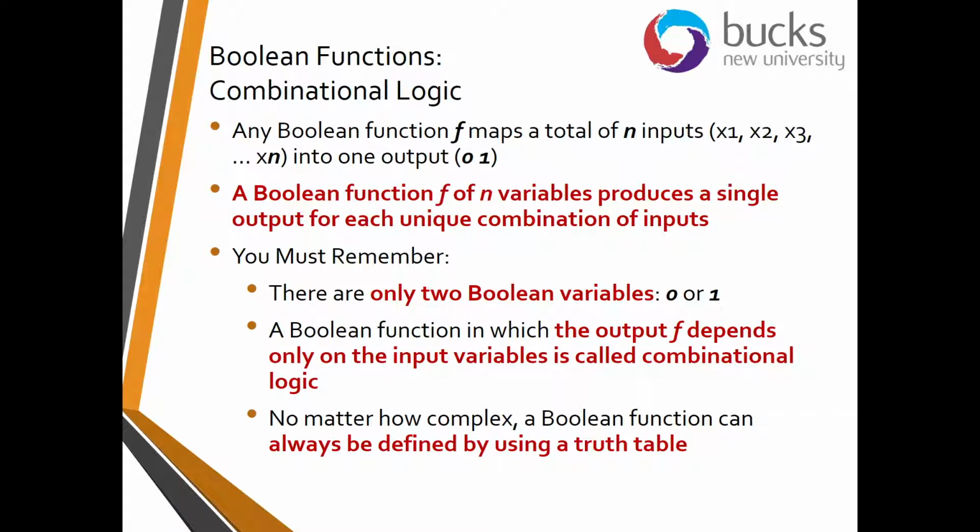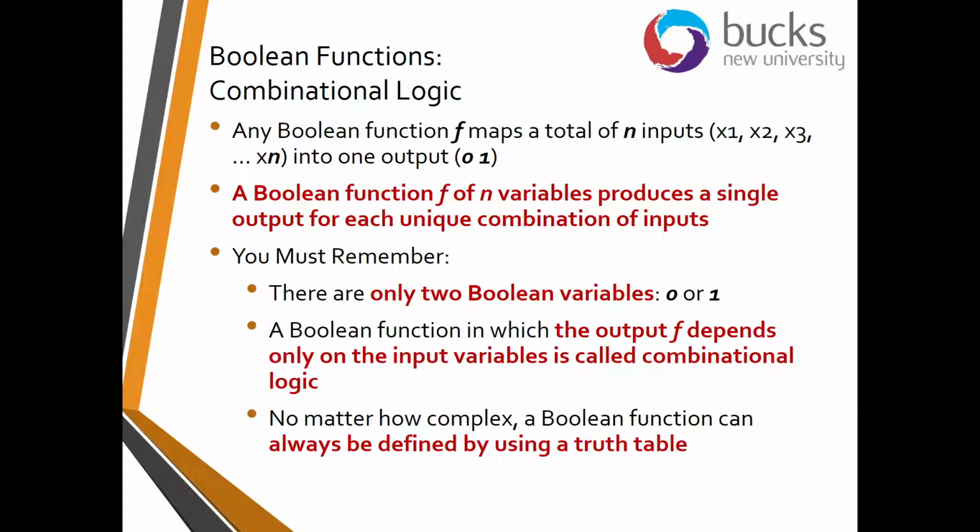So a Boolean function f of n variables produces a single output for each unique combination of those inputs. We need to remember there are only two Boolean values, 0 or 1, and a Boolean function in which the output of f depends only on the input variables is called combinational logic.